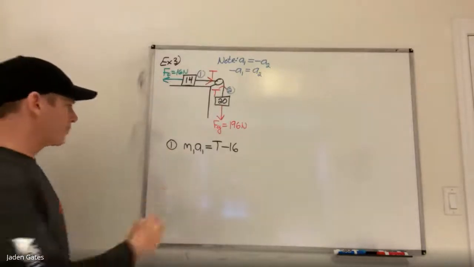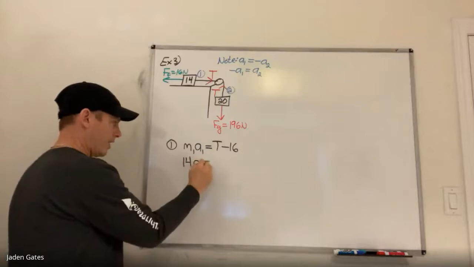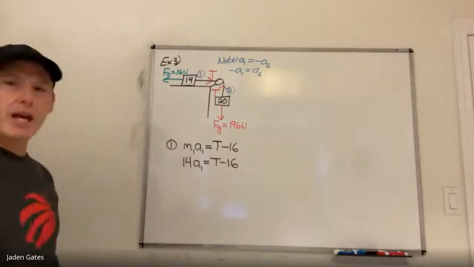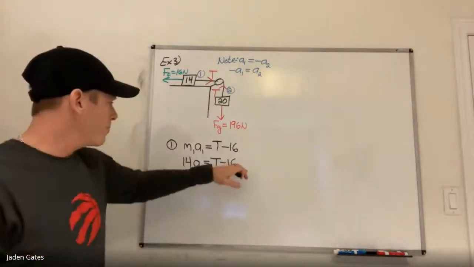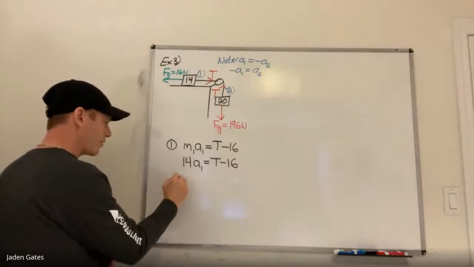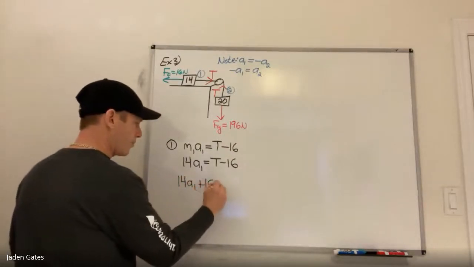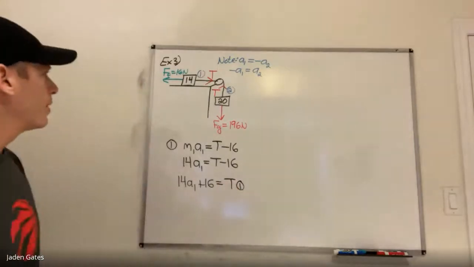I know the mass is 14. I don't know how it accelerates. And once again, I'm going to make an adjustment of this formula where I'm just going to get T by itself. So I'm going to move the negative 16 over to the other side. And so I get 14A1 plus 16 equals T. There's my first equation.